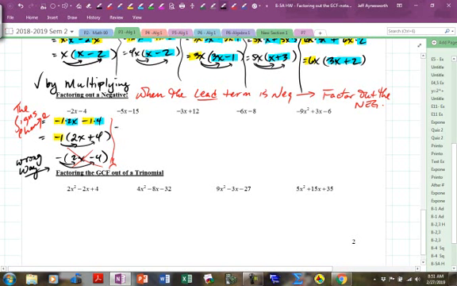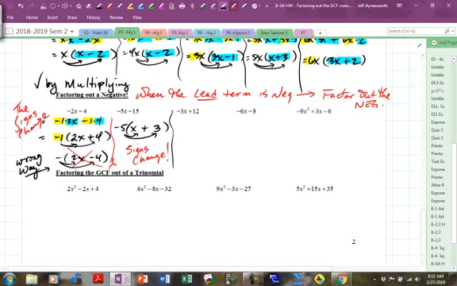So -5 times x is -5x. And -5 times 3, the second distribution here, gives you a -15. It's got to be a positive 3 instead of a -3, because negative times a positive is a negative. So when you factor out the negative, the signs change. Let me write that down again: the signs change. Anytime you factor out a negative, that's what happens.